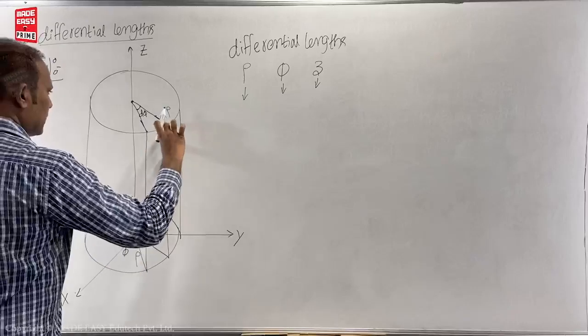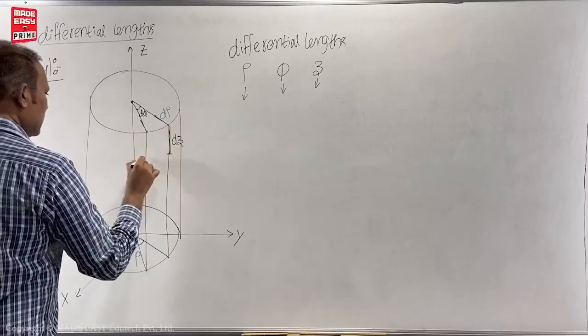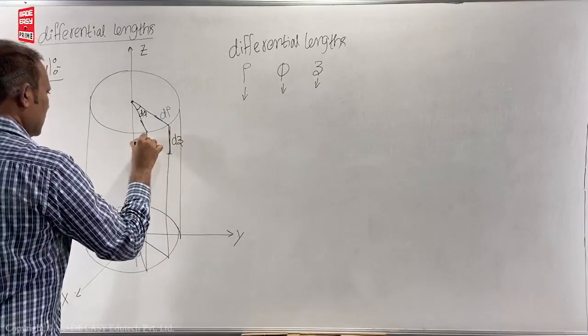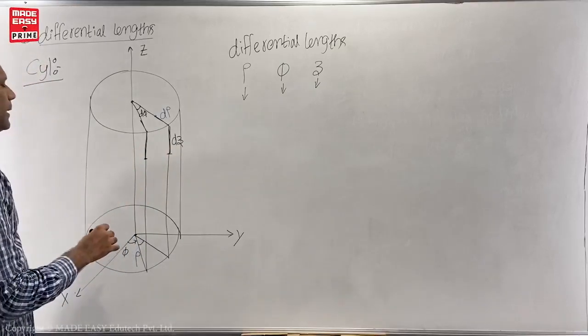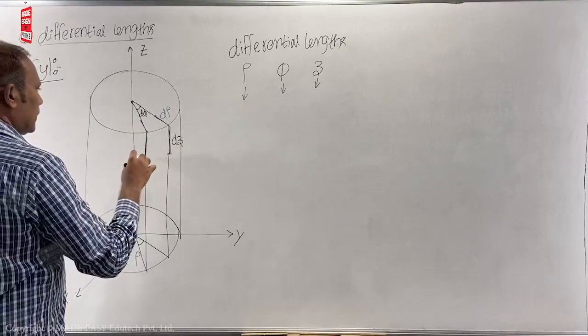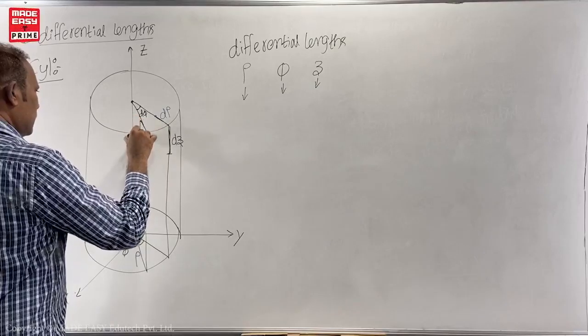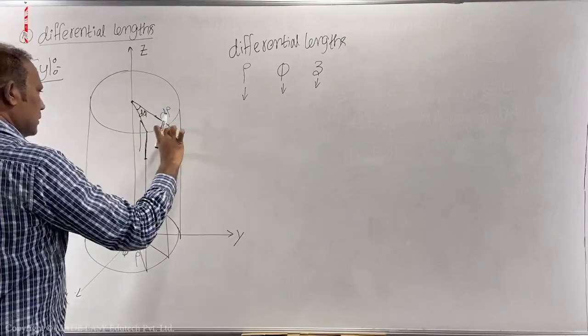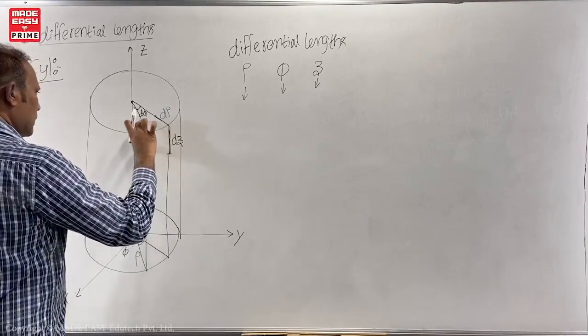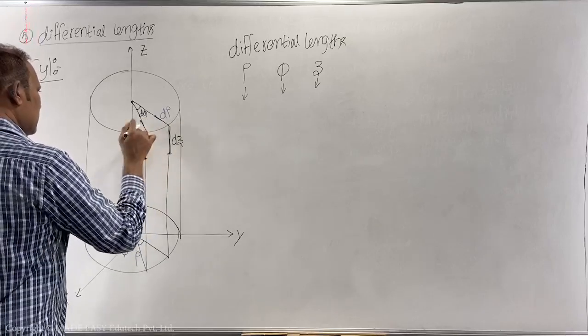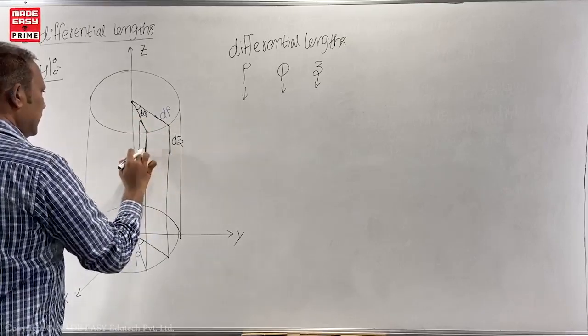So then this much height, so this is also dz only. This is also dz only. Now here also you take like that, so here also you take that much dz. So this is dz. Now this one is also dz.